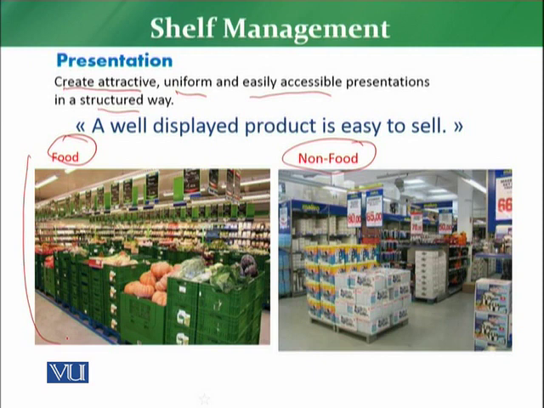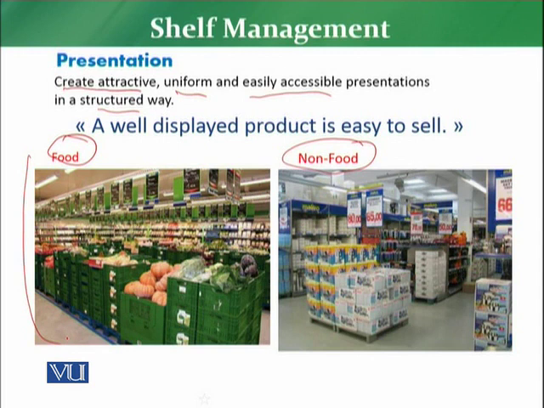The products are easily accessible because the customer has a trolley or is moving without a trolley. And the display is structured. It is not unorganized like open markets. If you have visited the mandis or markets where you see the unstructured way of selling products, you can easily identify the difference between a presented display and a non-presented display, between a structured display and a non-structured display.